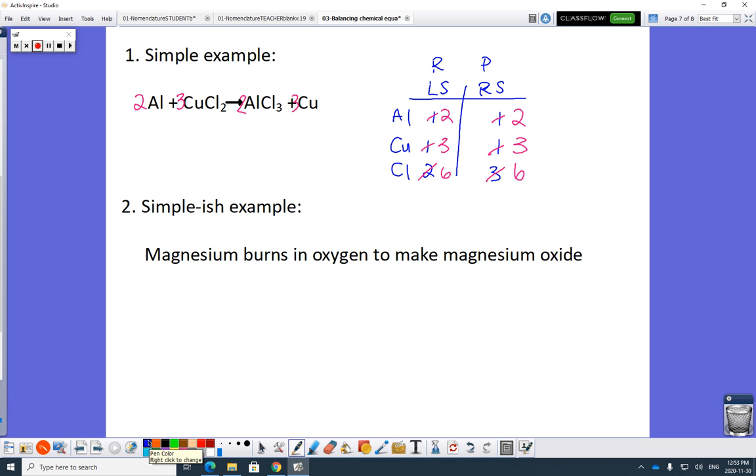So we always check: 2 aluminum, 2 aluminum. 3 coppers, 3 coppers. 3 times 2, 6 chlorines. 2 times 3, 6 chlorines. Okay? The 2, 3, 2, 3 cannot all be divided by the same thing evenly, so we're done. Yes?